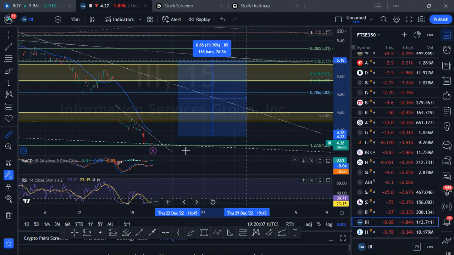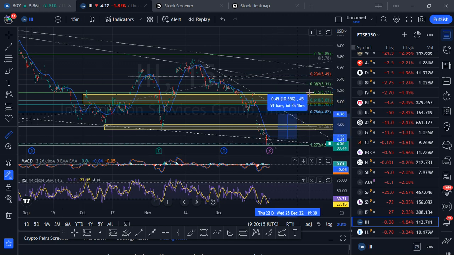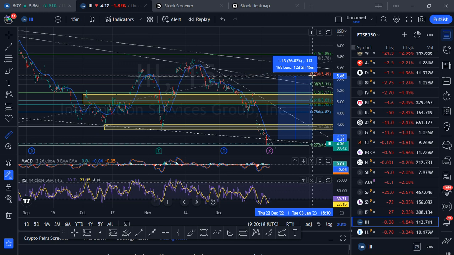Who knows? It might just test up 15, maybe up to 20 for that sort of median line in there. Not going to get up much higher than that. Maybe it's worth a sell point.